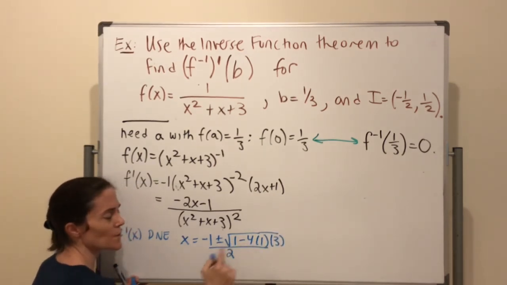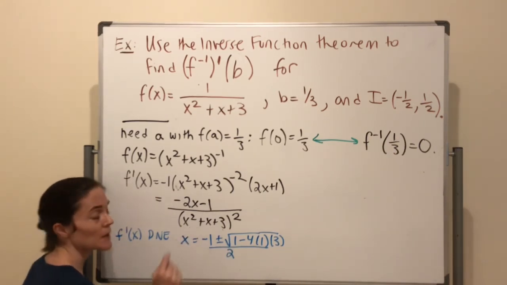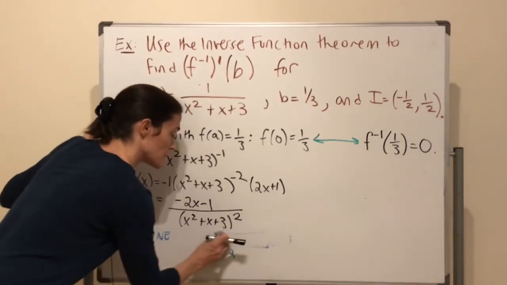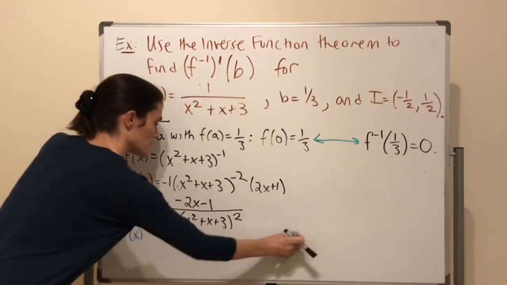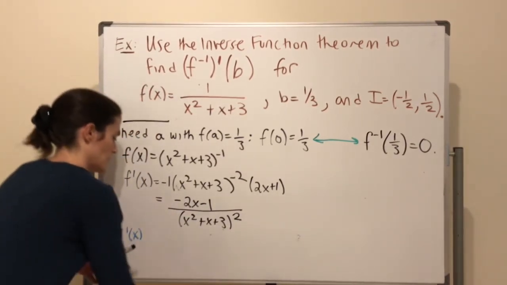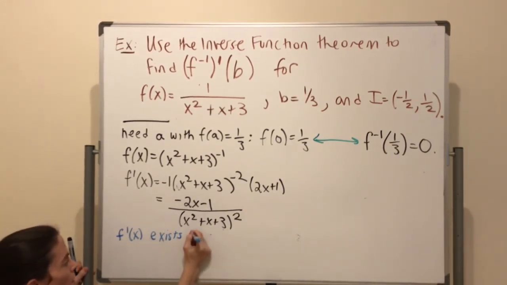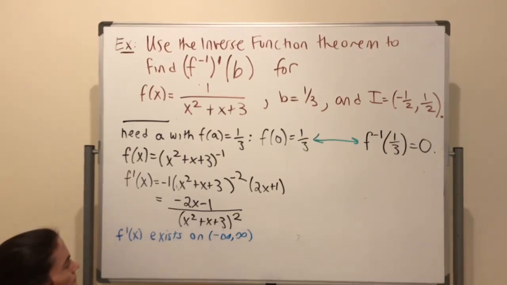But you see here we're going to have a negative square root, so that does not happen. This is an irreducible quadratic. Let me erase this part and I'll just say f prime of x exists on minus infinity to infinity.